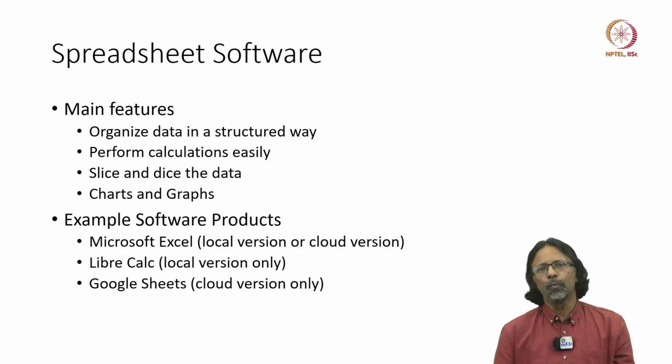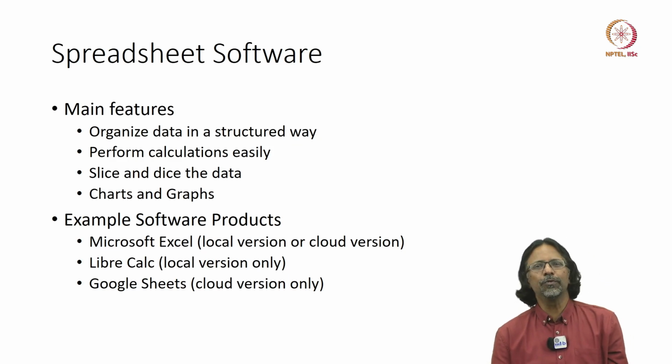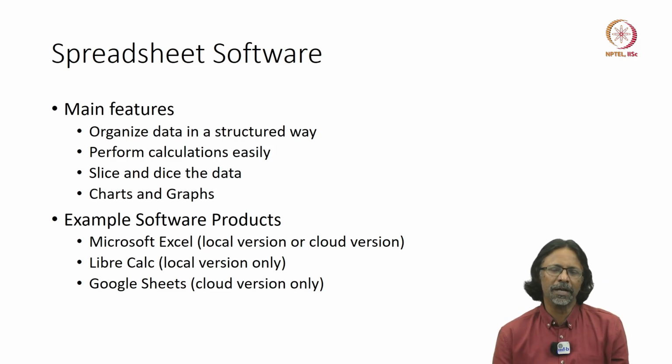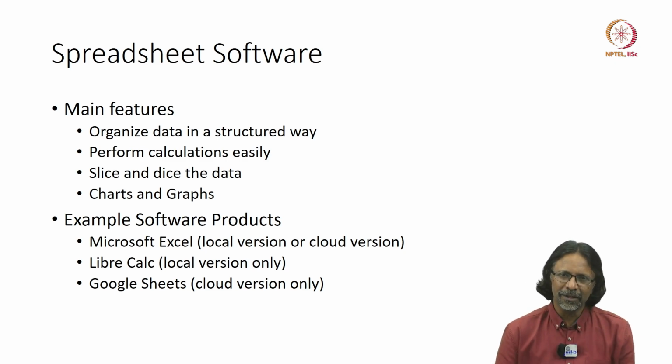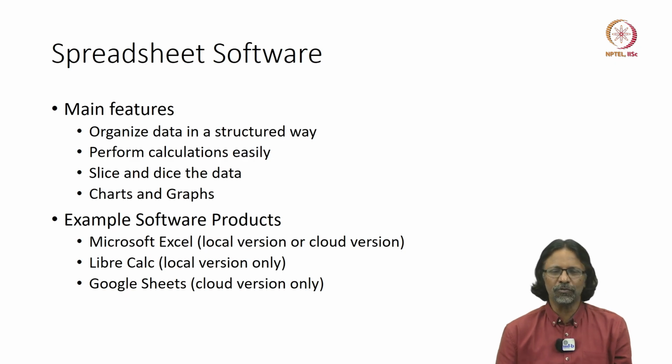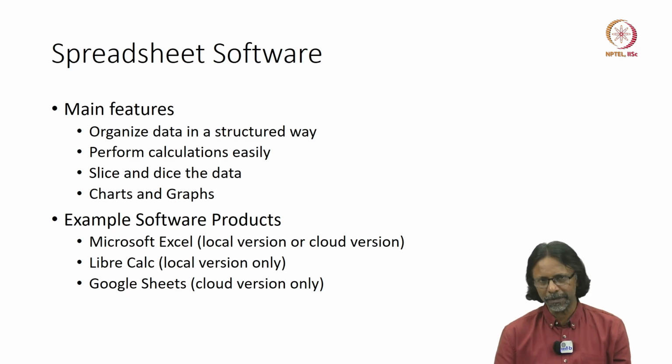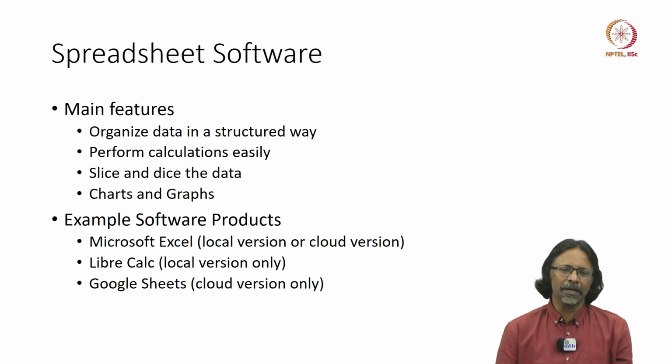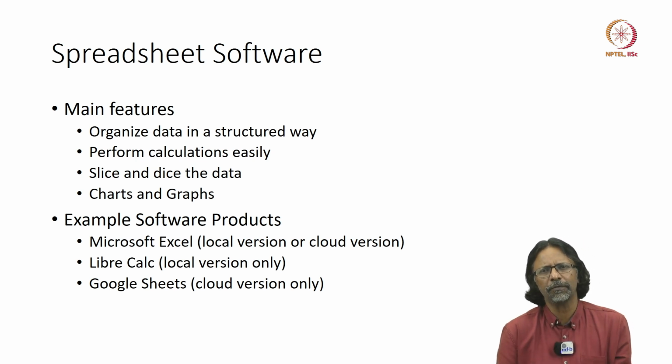So what software do we use for this number crunching? And I'm sure all of you are familiar with tools like Microsoft Excel. Right, so the generic name for such tools is called a Spreadsheet Software. Okay, and so what features does the Spreadsheet Software offer?